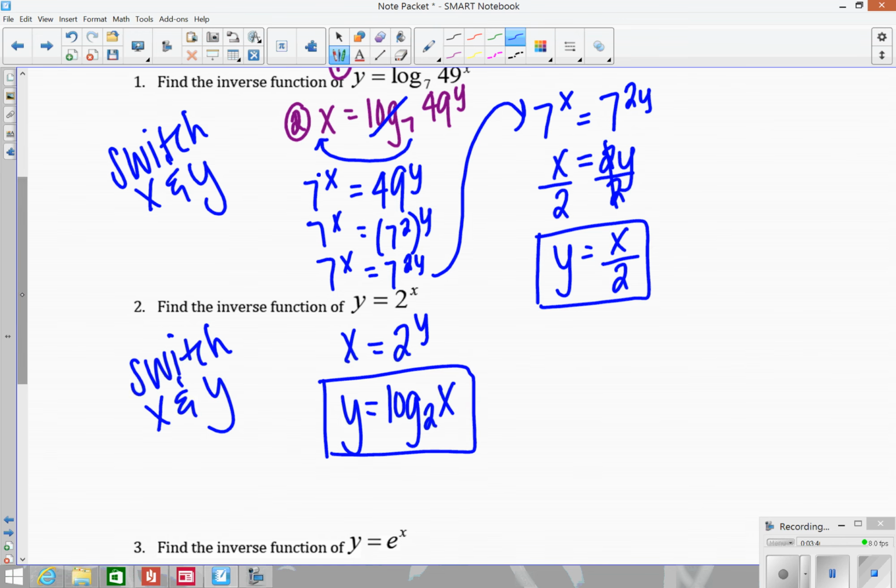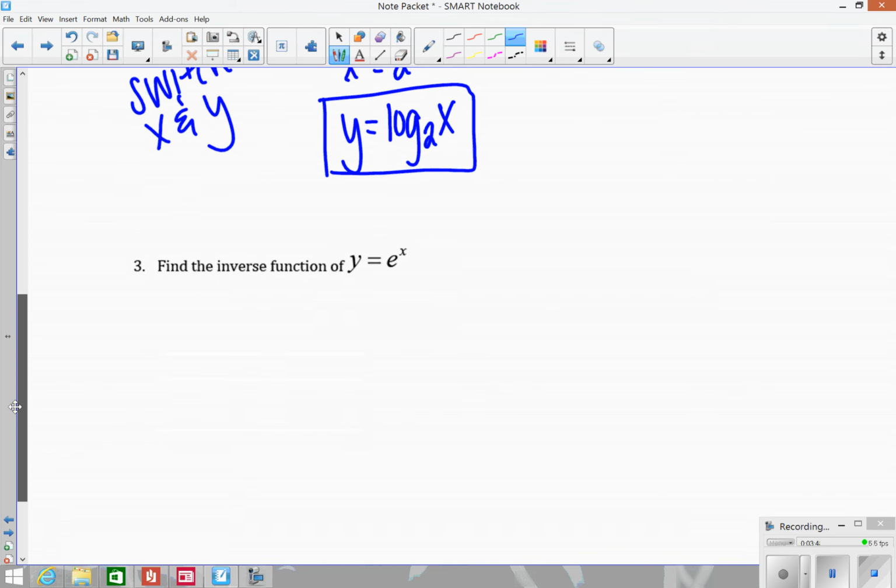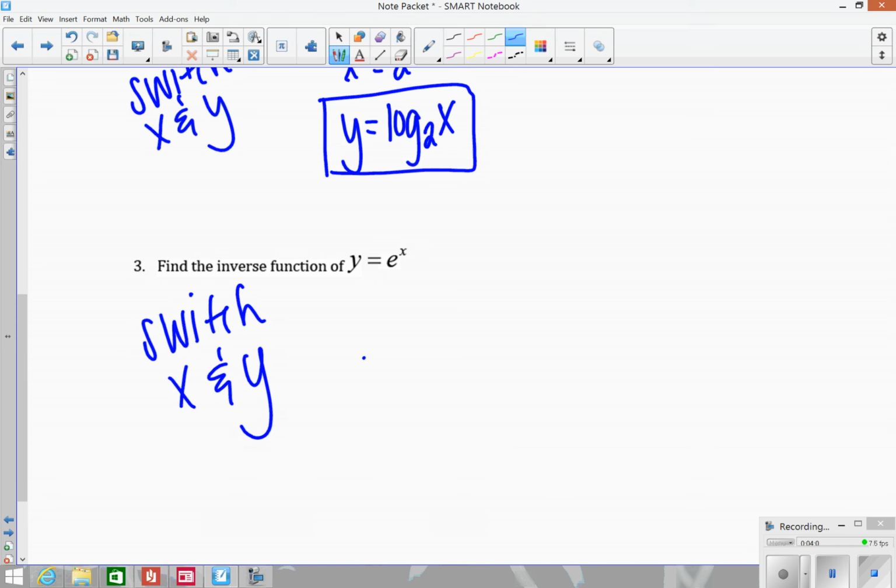If we look at the next one, again we have another exponential function, so we expect that our final result will be a log. Again, we switch x and y. So x equals e to the y. And we get this solved for y, which really means getting it into log form.